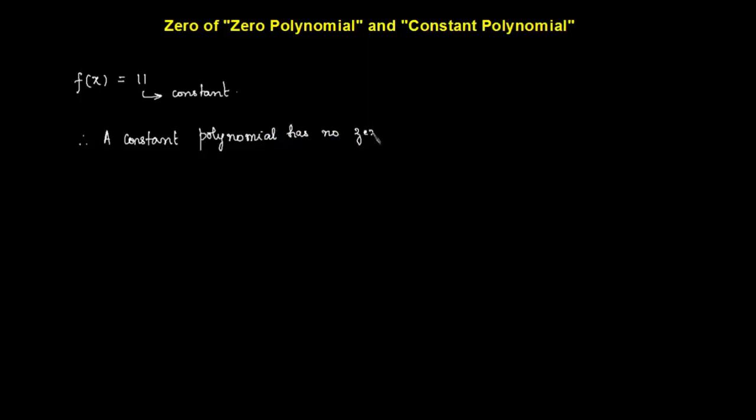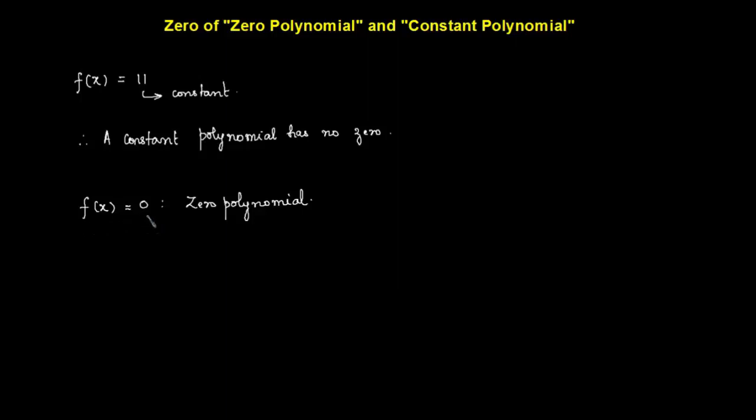Now, next we are going to learn about the 0 of a 0 polynomial. Suppose f of x is equal to 0. This is a 0 polynomial. So, whatever be the value of x, f of x is always going to be equal to 0 since this is a 0 polynomial, which means that any real number that x can take will always make f of x equal to 0.